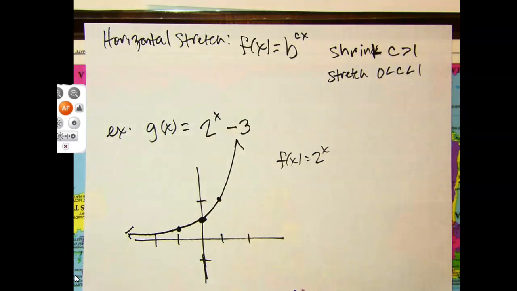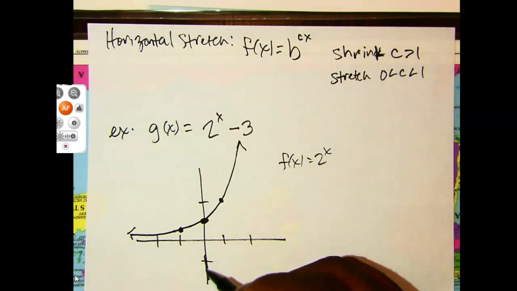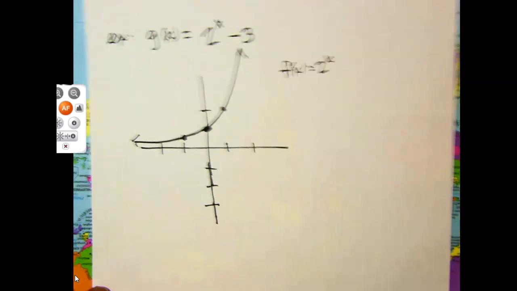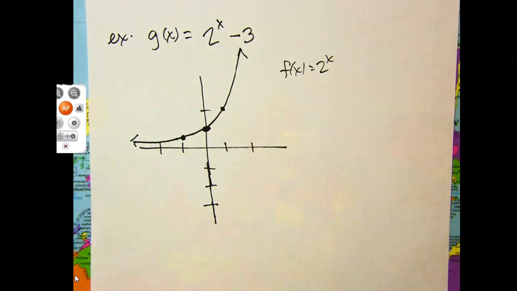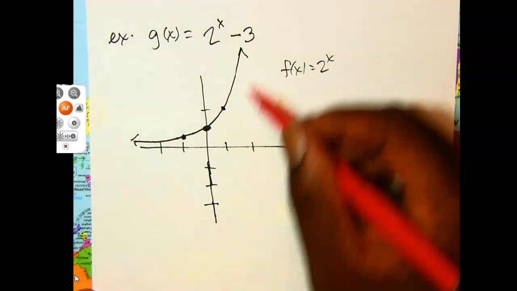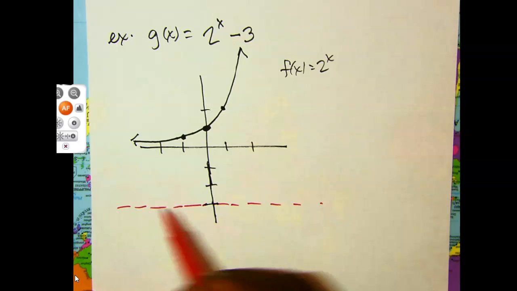So 2 to the x minus 3 is basically you're going to take this function and everything gets moved down 3 units. So when we say everything, we're talking about our asymptotes as well. So here we have a horizontal asymptote of y equals 0, or the x-axis, but we're shifting everything down 3 units. So our new asymptote will be down here. 0 minus 3 is negative 3.